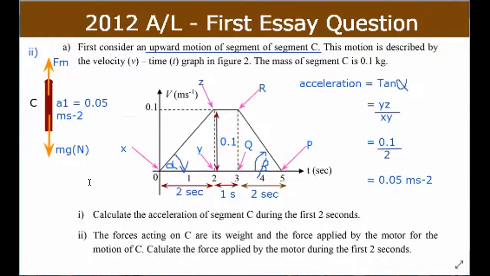We know the mass of segment C is 0.1 kilogram. Can you give a try? Apply F equals ma, find the force given by the motor, that is Fm, and send your answer to my Zoom chat.